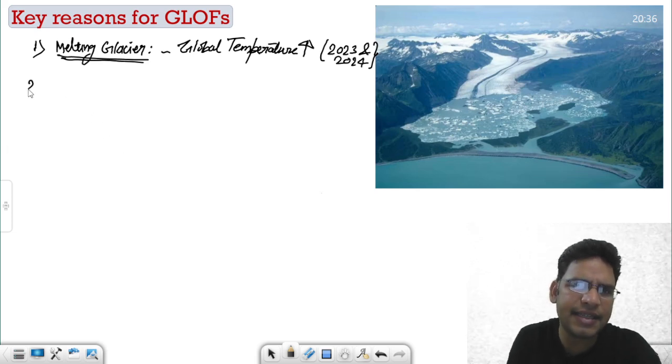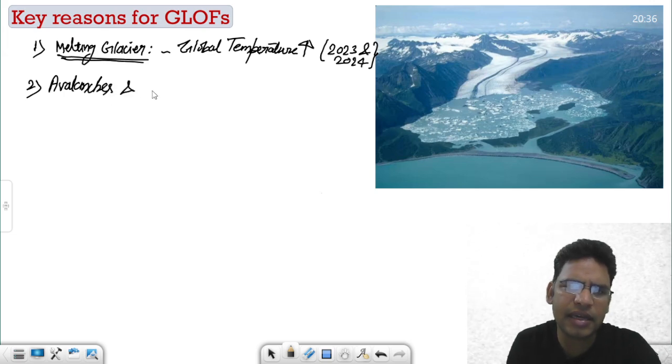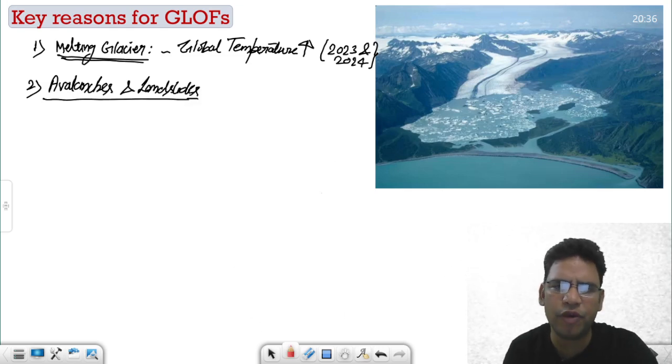Avalanches and landslides is another example. Landslide events, landslides is another reason for this kind of events, GLOF events, right?